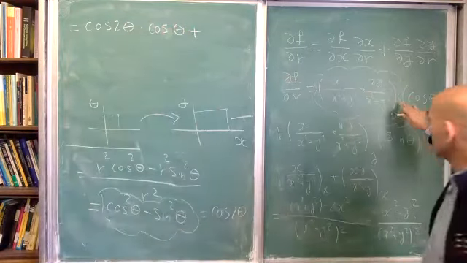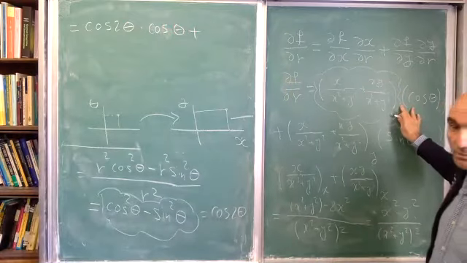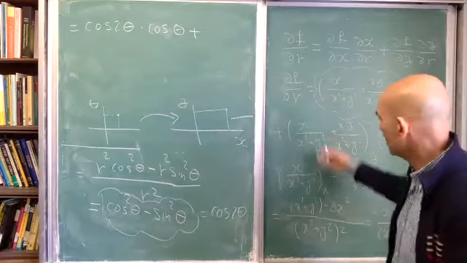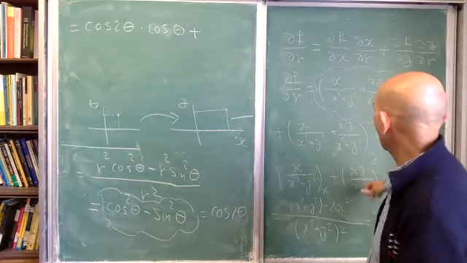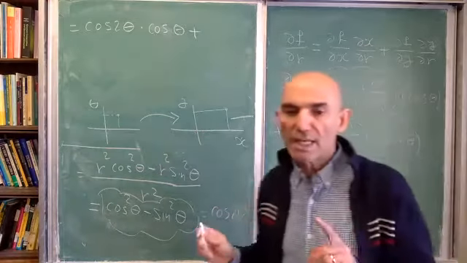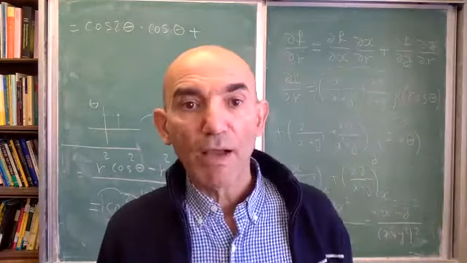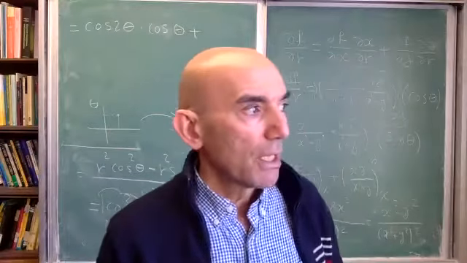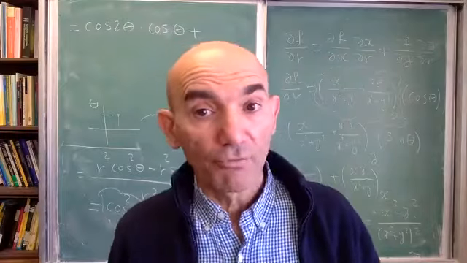So we have just calculated half of the story. And then you have to do the other half. I don't do it because it's completely similar. You just have to calculate with respect to y. Now, the point is that at the end, you have to write everything in terms of r and theta. There shouldn't be any values of x and y in your final answer.